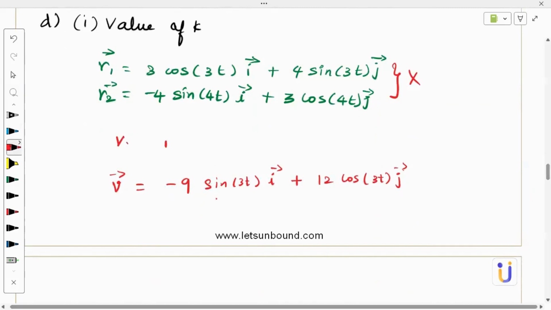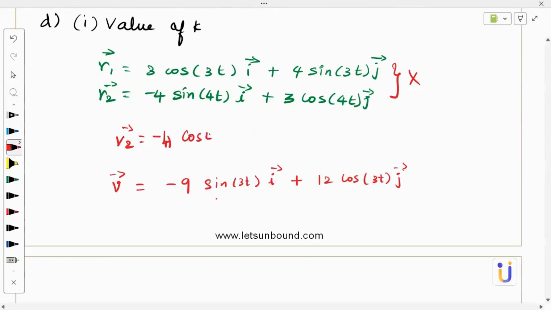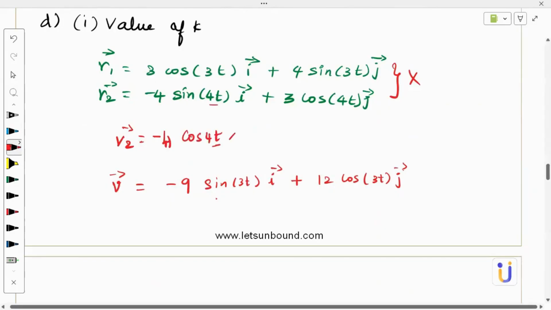Okay, so for V2, just differentiate it. Minus 4, copy as it is. Sine 4t, when you differentiate, it will become cos 4t, then I will multiply by the 4. Then I cap. So this one will be 3 times cos 4t, which when differentiated gives minus sine 4t, then multiplied by 4, j vector.